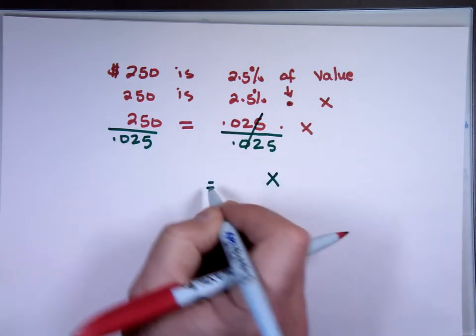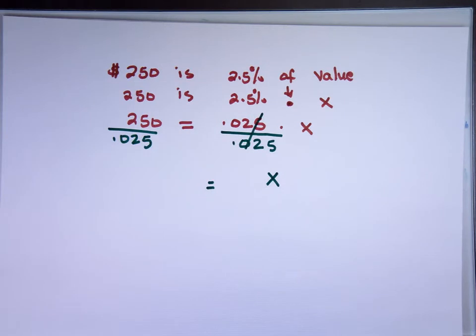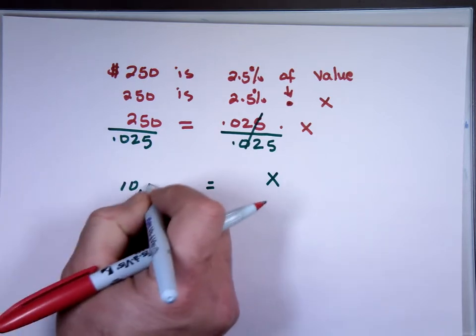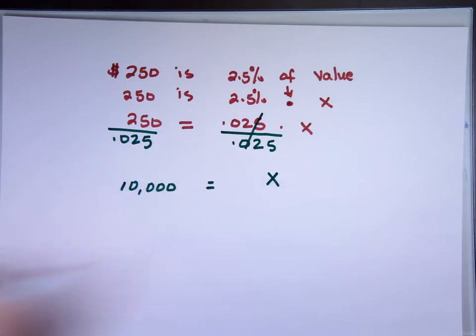X equals 250 divided by 0.025. You divide them, and you were right, it's $10,000. So the assessor's office has the car worth $10,000. That's why your excise tax is $250.